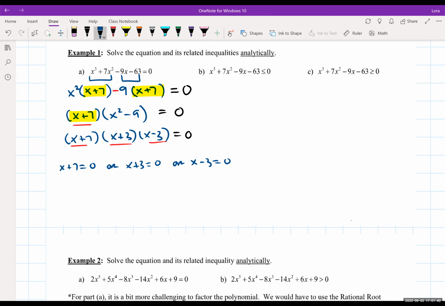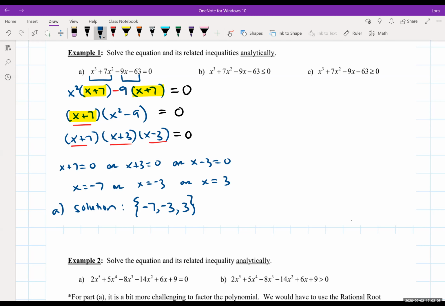We should be getting x equals negative 7, or x equals negative 3, or x equals positive 3. So you do have your solutions for part A. I'll write them in order. I have negative 7, negative 3, and 3. So those are the roots of your polynomial, or the x-intercepts.